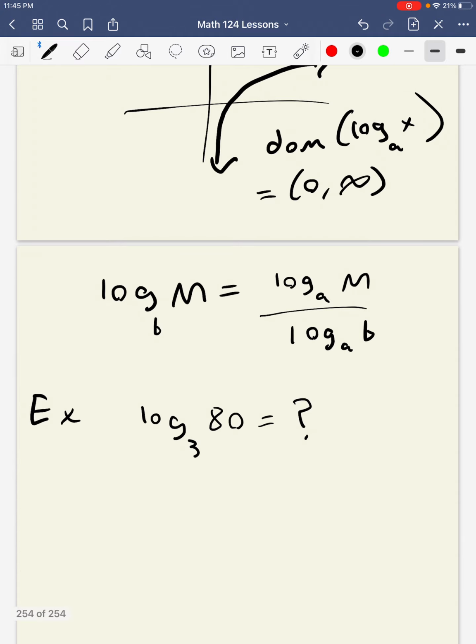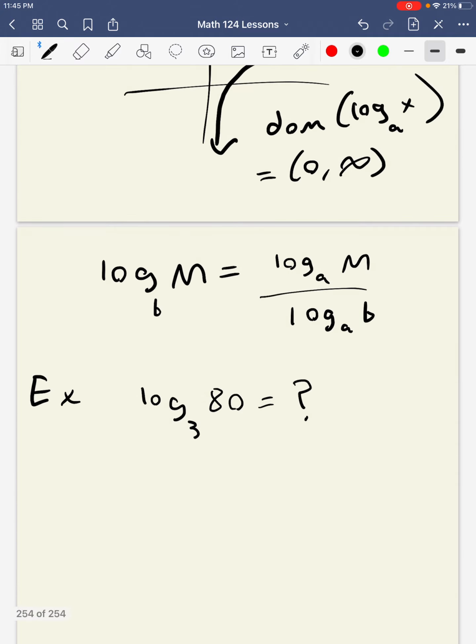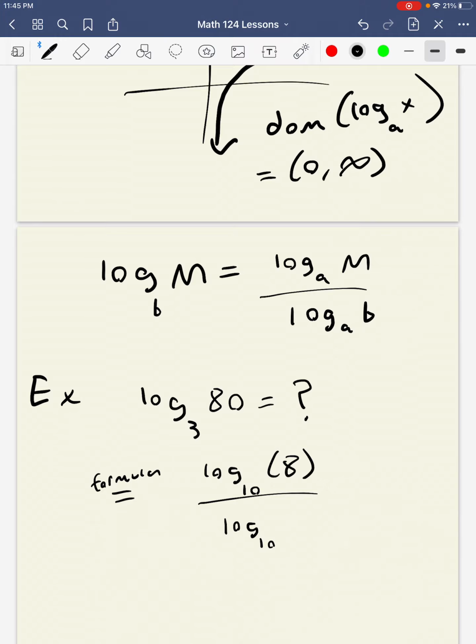So if we want to change that into a base 10, we could use the formula here. So by the formula, we do log base 10 now of 80 divided by log base 10 of 3.